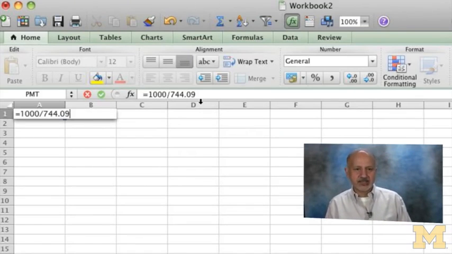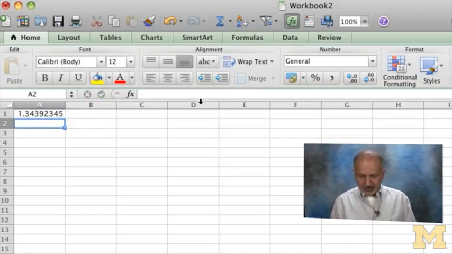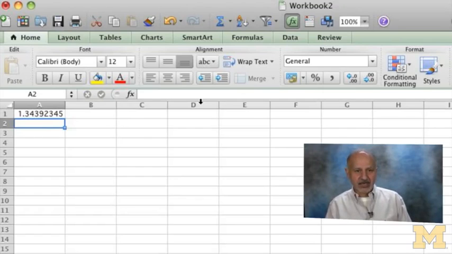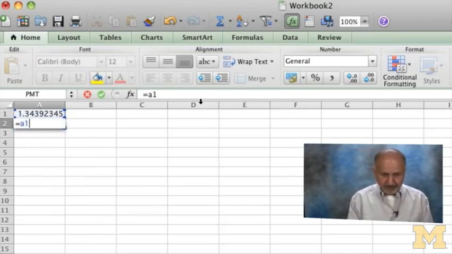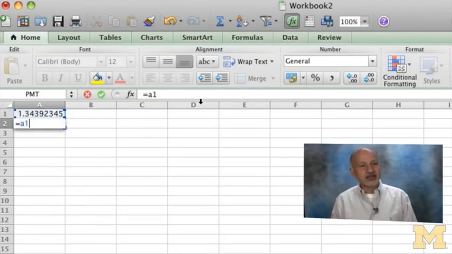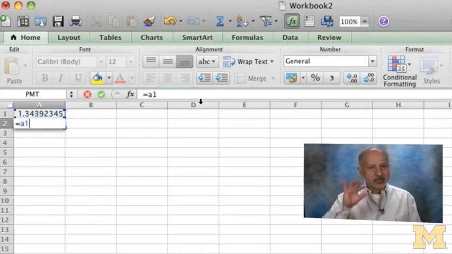However, the key here is the number of periods that pass, right? So that is 1.3439. Now let me do this. Take A1 and I take the 10th root of this. Remember, we are doing compounding. So if it's over 10 years without compounding, I do the 10th root of it.